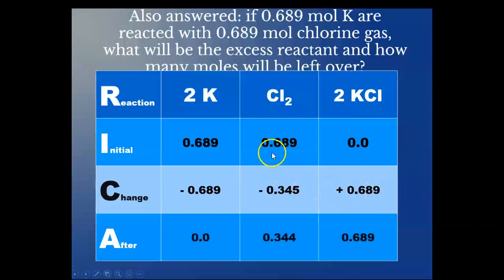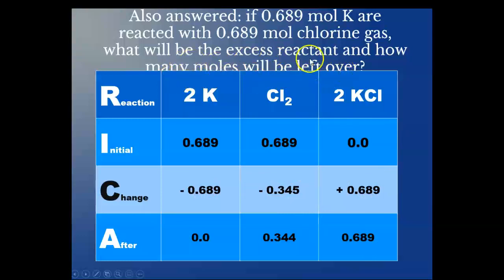And therefore, we simply add these up, and of course this minus that is 0. This minus 0.345 is 0.344, with of course uncertainty in the last digit, and we have 0.689. You'll notice a negative here, and a positive there. And so this helps us with questions like, how many moles will be left over?